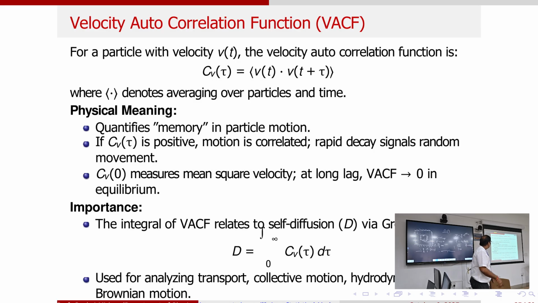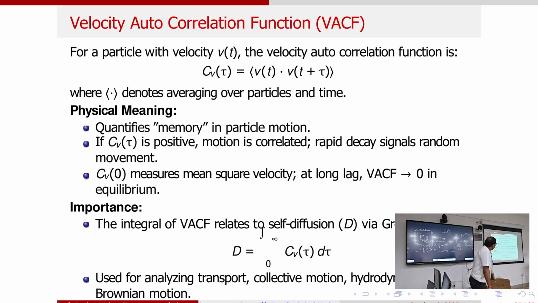The velocity autocorrelation function, C_v(t), is the ensemble average of the velocity at time t multiplied by the velocity after a certain interval of time tau. It tells us about the memory of particle motion.